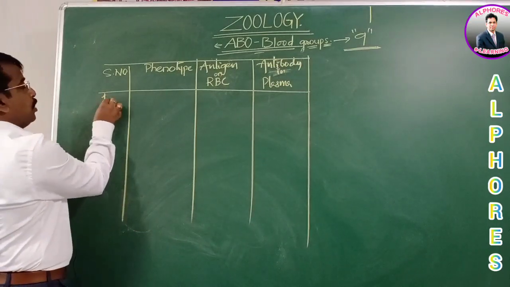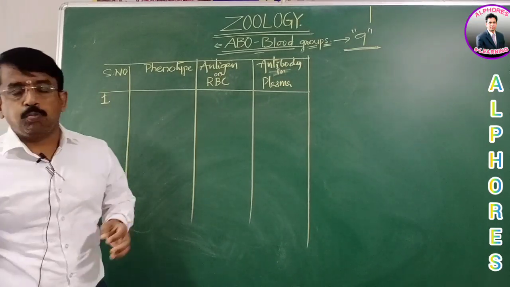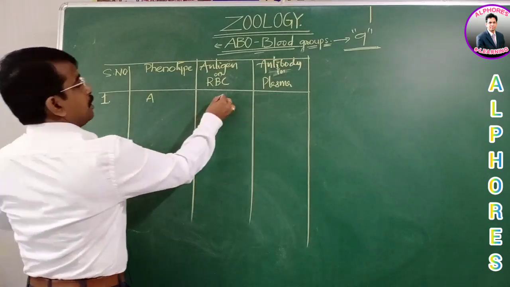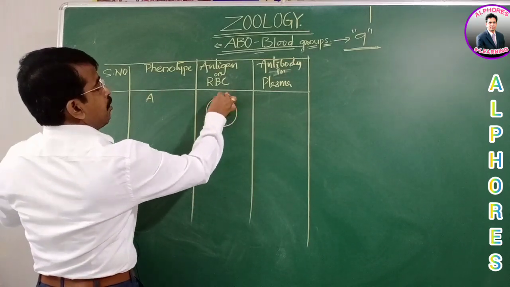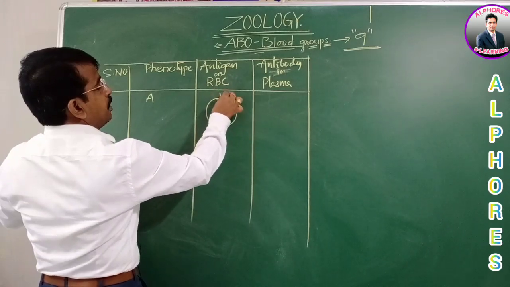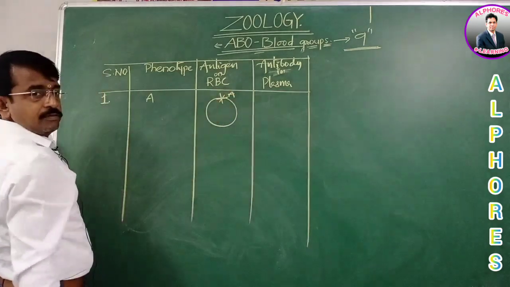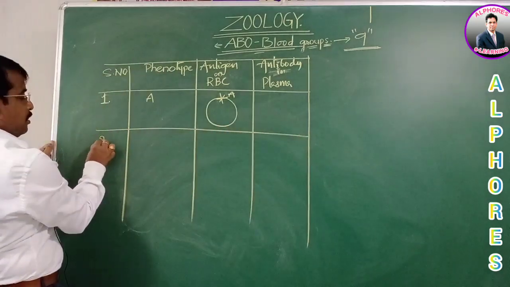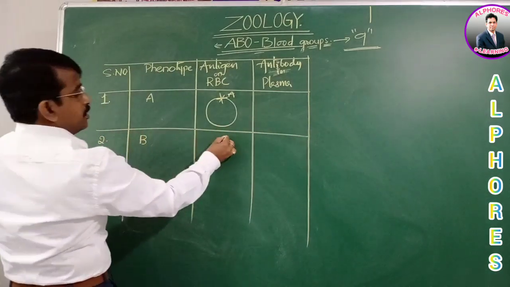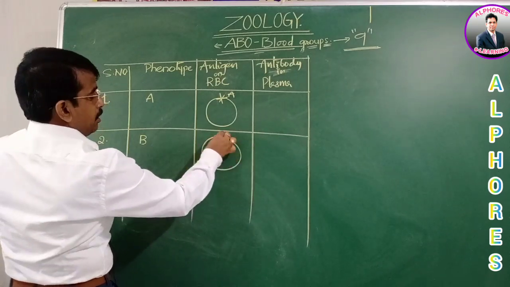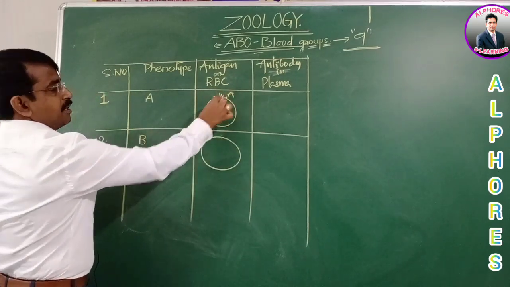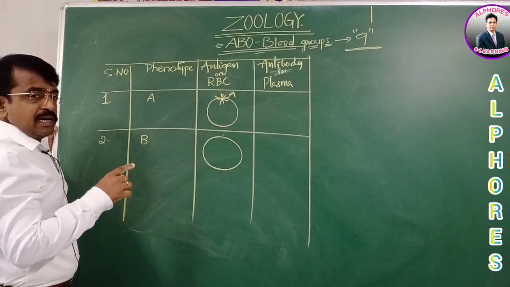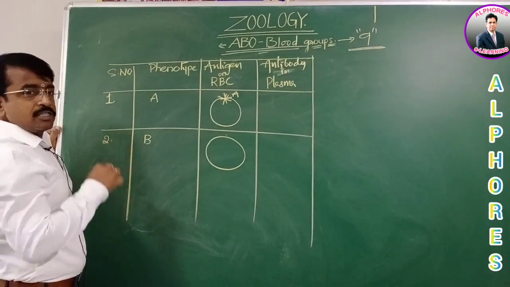Here is the blood group. A is the blood group, A phenotype, with the A antigen on the plasma membrane of RBC. A blood group is determined by the antigen that it possesses on its RBC.